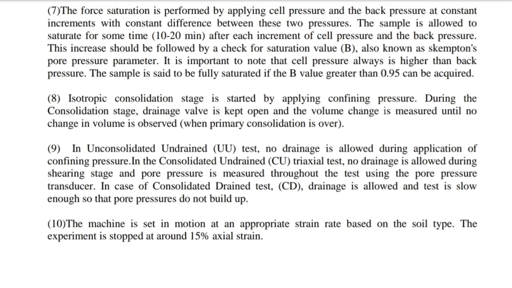This increase should be followed by a check for saturation value B, also known as Skempton's pore pressure parameter. It is important to note that cell pressure is always higher than back pressure. The sample is said to be fully saturated if a B value greater than 0.95 can be acquired.